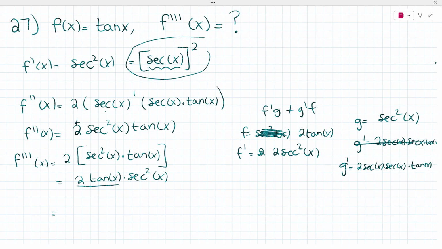It's going to be f prime, which is 2 secant square of x, so when you put it all together, let me just save you the algebra. When you apply the product rule, it's going to be 4 tan of x times secant of x times secant of x times tan of x plus 2 secant square of x times secant square of x.